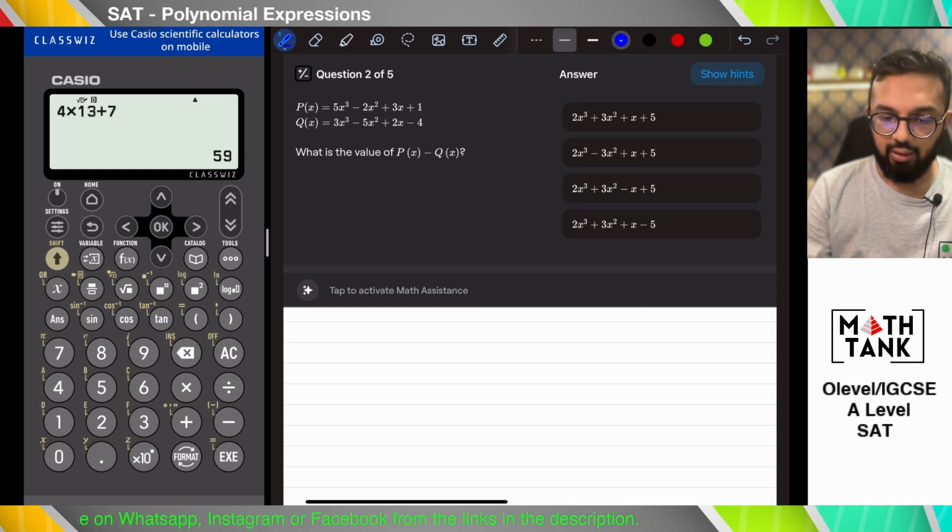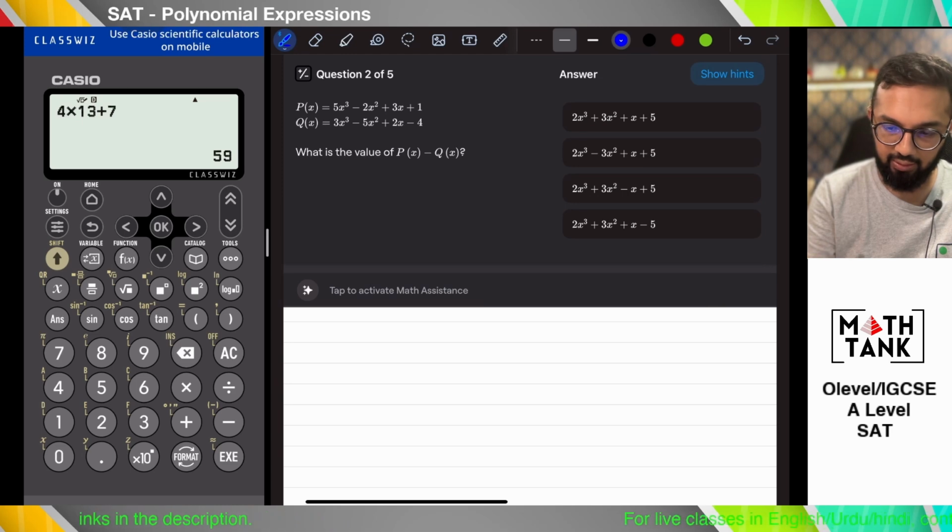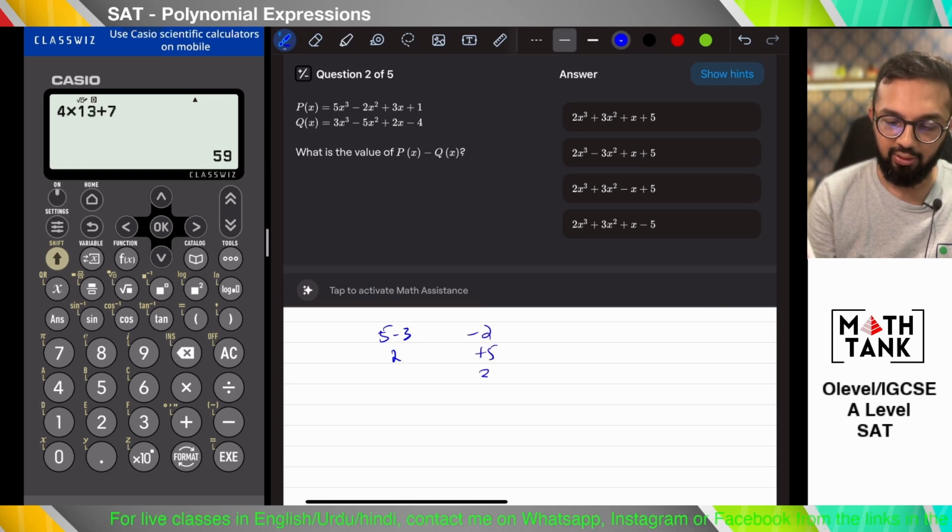Next hard question. So that was really a hard question because there were too many numbers involved. P(x) minus Q(x), so that gives me 2x cubed, and 5 minus 3 gives me 2x cubed, minus 2 plus 5 gives me 3. So I should have plus 3x squared. Okay, so 2x cubed plus 3x squared plus 3 minus 2 gives me 1x.